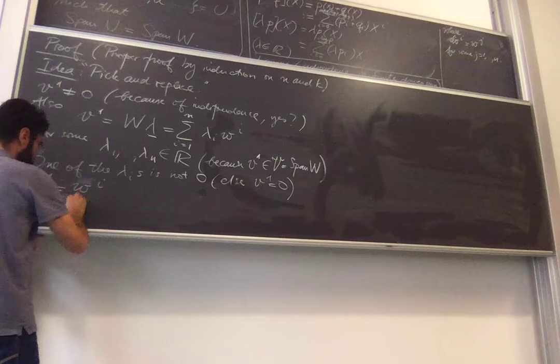So now my claim is that this span is equal to V, because that's my assumption. So all I need to do is to show you this claim. Once I've done this, all you need to do is repeat again, because then you're left with a set of V2 all the way to Vk.